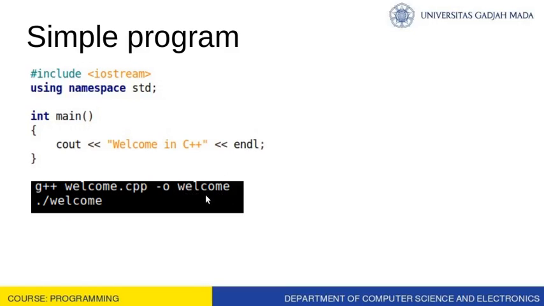So this welcome file will be an executable file. You can execute it by using, oh, I'm sorry, it is dot and slash, then the name of the file. Then you will have the output, which is welcome in C++.